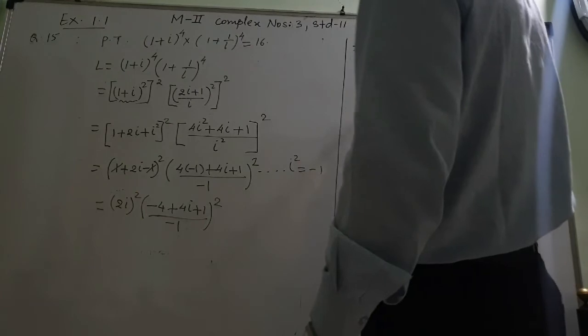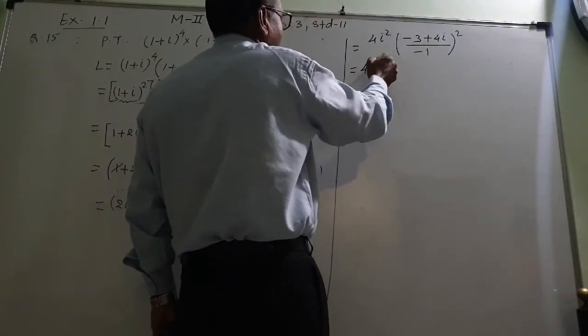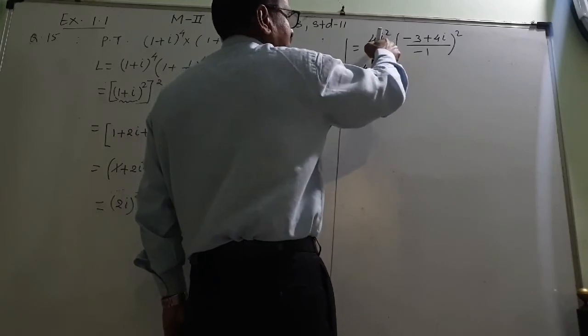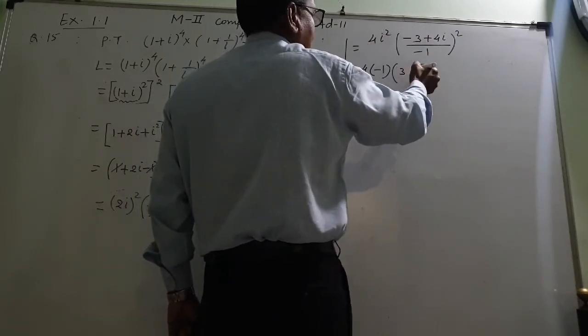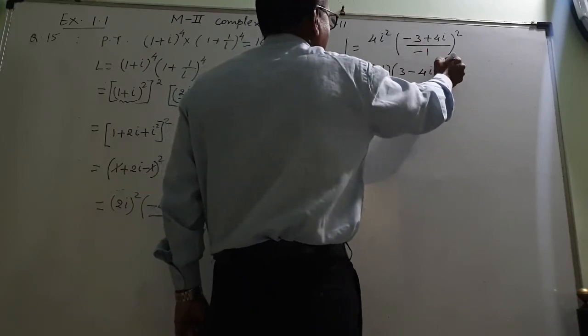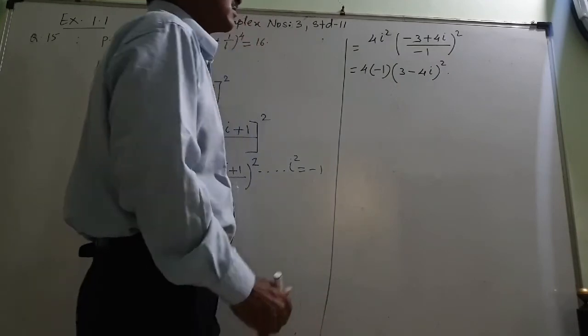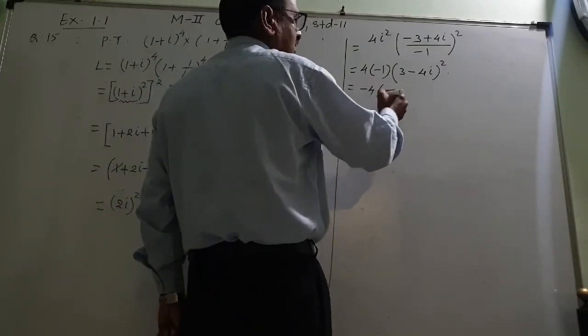Till now I have not changed the signs. Now I will change the signs. That is equal to 4i square means minus 1. This sign is for both of them. So 3 minus minus plus minus 4i bracket square. So that is equal to minus 4.